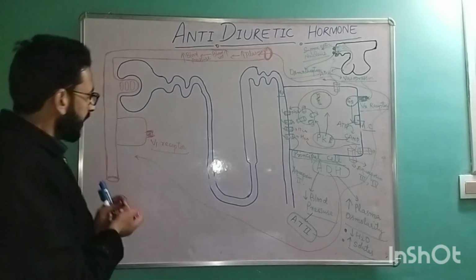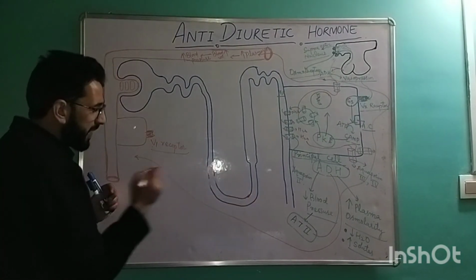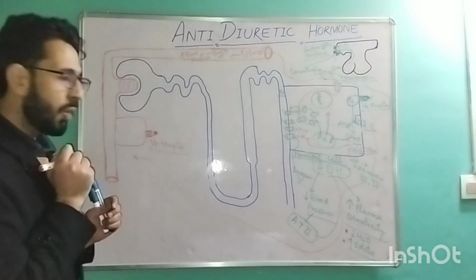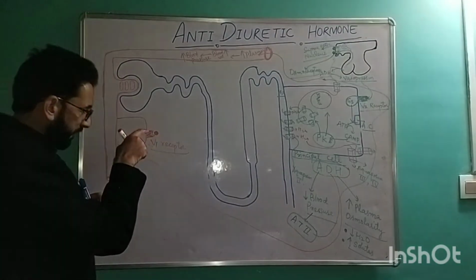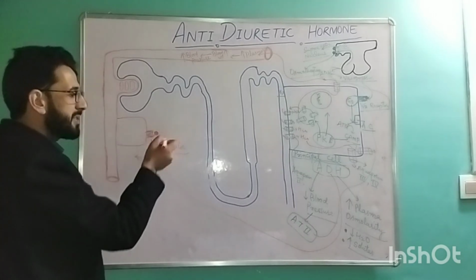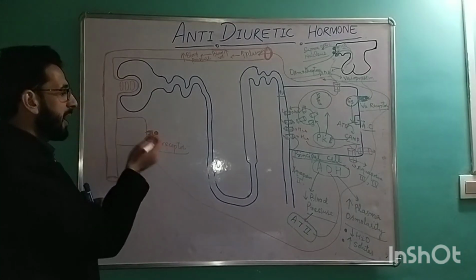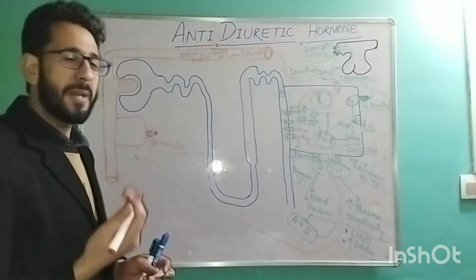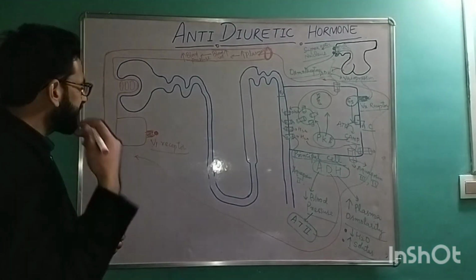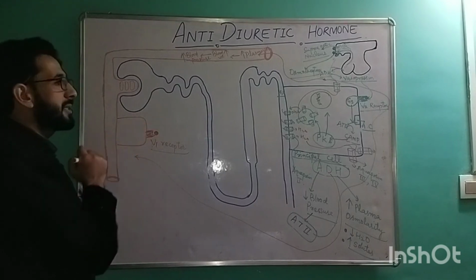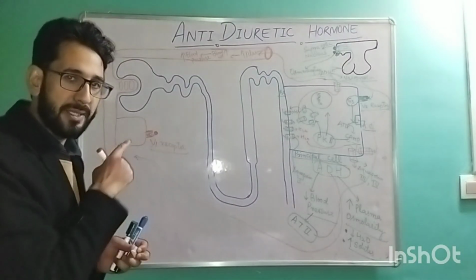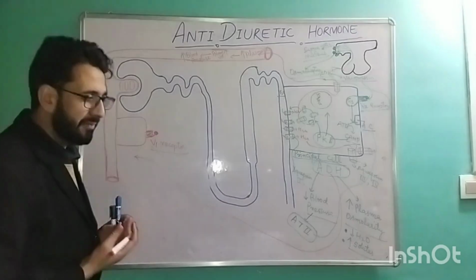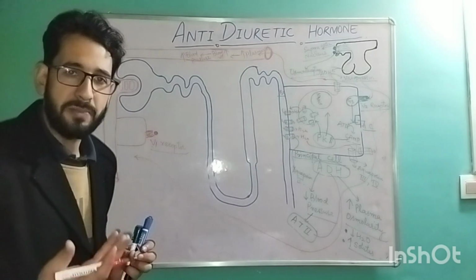Fine. Now, this antidiuretic hormone comes and binds on this V1 receptor. Okay. Now, once the antidiuretic hormone binds with it, it activates a special pathway or mechanism inside the cell. We have the sarcoplasmic reticulum inside the smooth muscle cell, or in simple language, smooth endoplasmic reticulum.